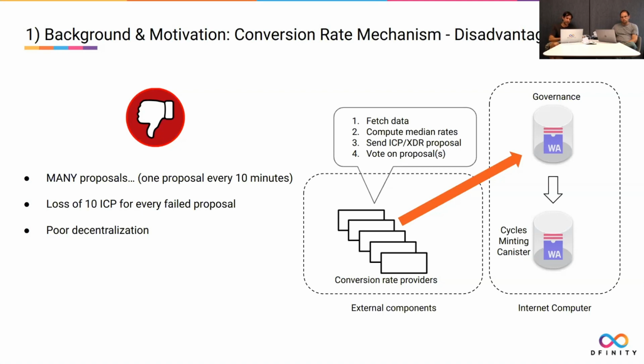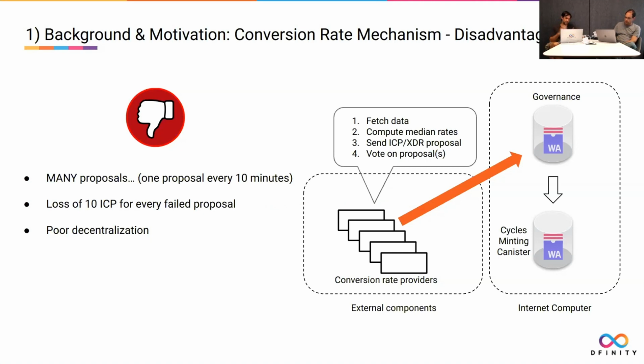And why would they be rejected? For various reasons. There might be network outages and so on. So we constantly have to keep an eye out for any kind of failures there, which is a bit cumbersome. But the main disadvantage, of course, is that decentralization is not great at all.